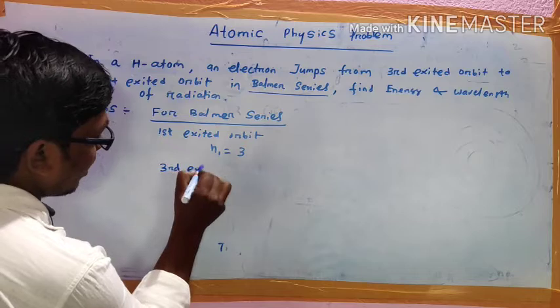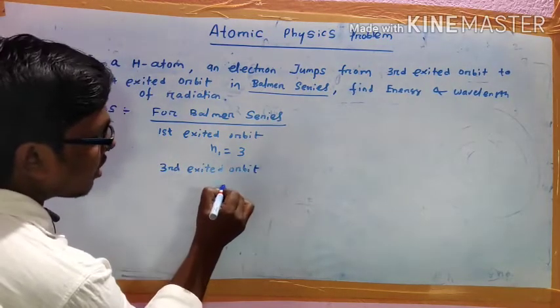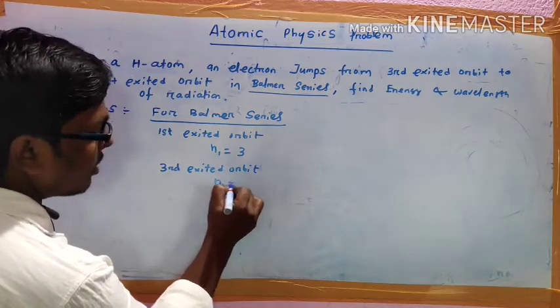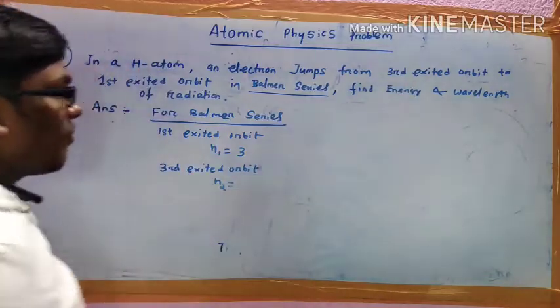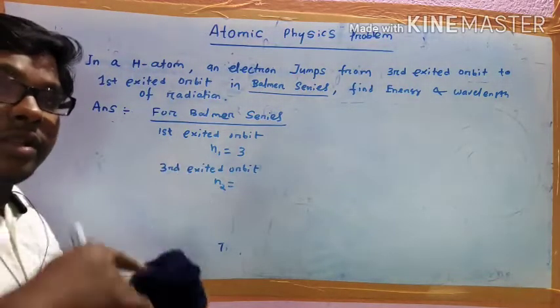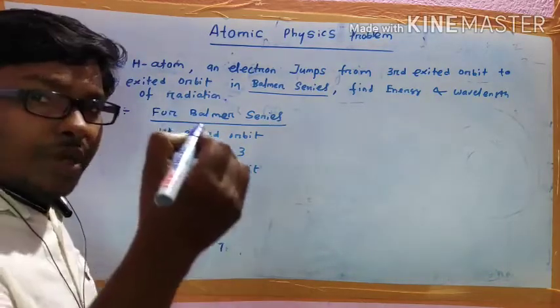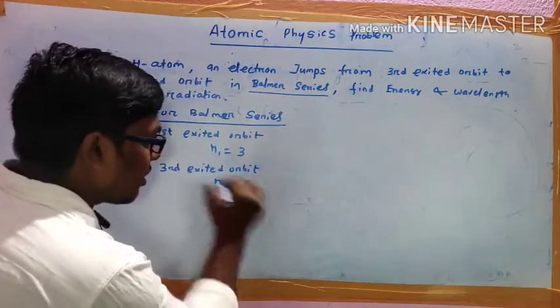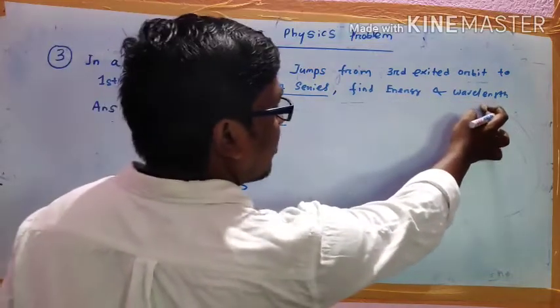The third excited orbit, let's take N2. If the first excited orbit is 3, then the second is 4, and the third is 5. The third excited orbit belongs to the 5th orbit, so N2 is 5. It is asking about energy and wavelength.